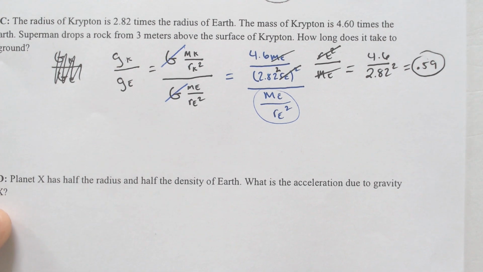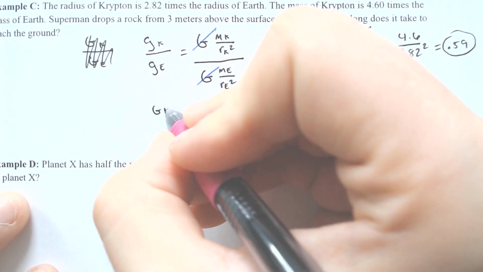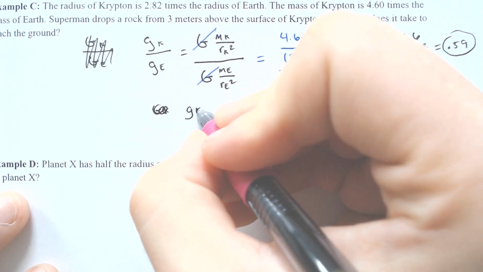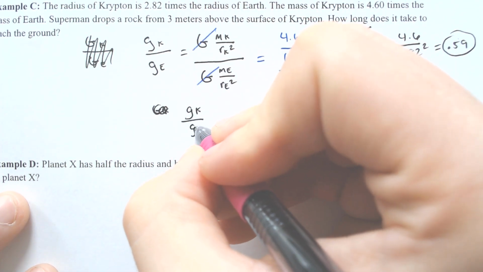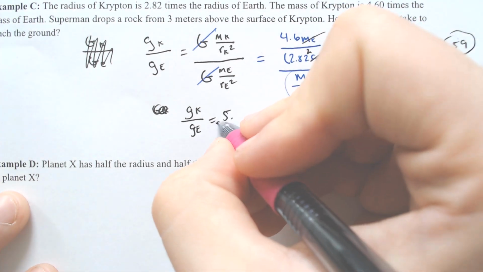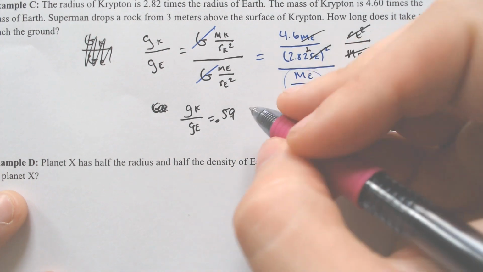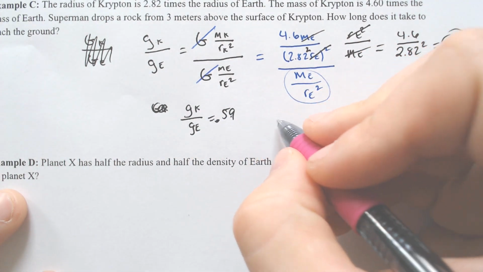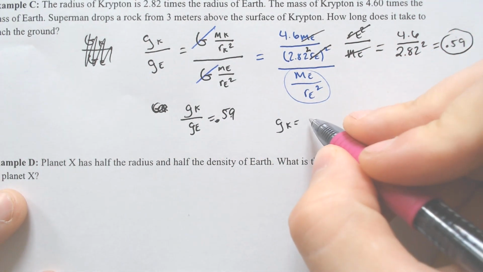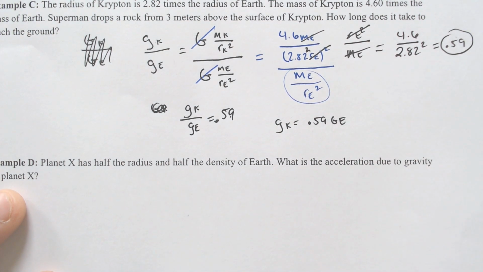Now, 0.59 tells you the ratio of the gravity of Krypton. I did it uppercase G again. Gravity of Krypton divided by gravity of Earth would equal essentially 0.59. So if you solve for the gravity of Krypton, you could multiply by the g of Earth, and you would get the gravity of Krypton is equal to 0.59 times the gravity of Earth.